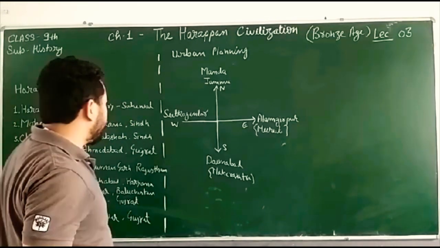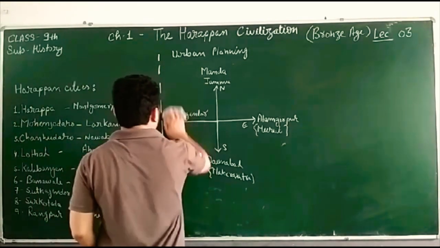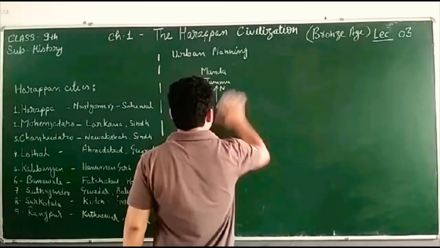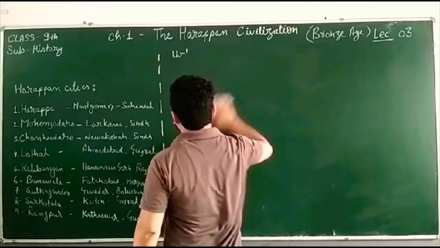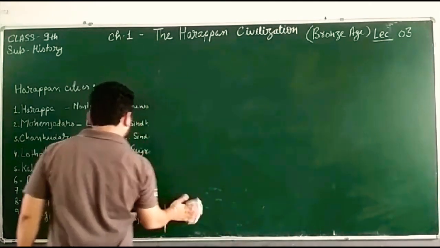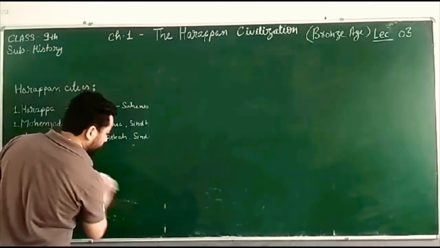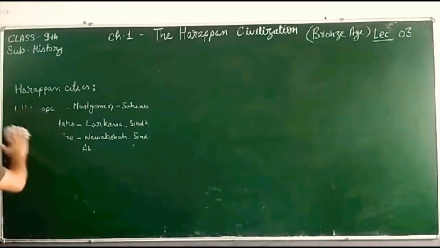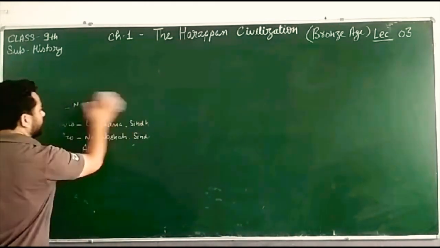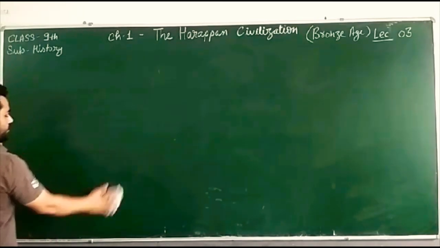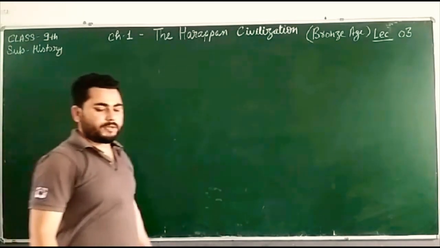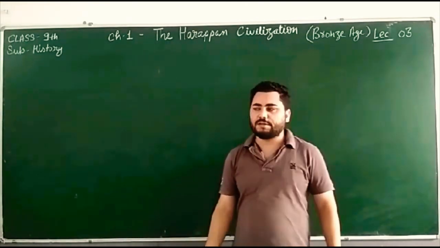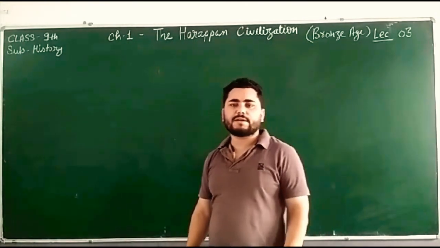Now after that we are going to study about the urban planning. The cities in Indus Valley Civilization were planned.